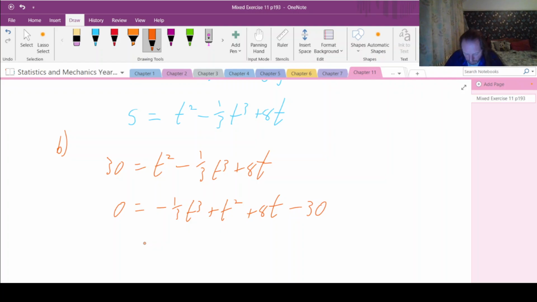So minus 1 over 3, 1, 8, and minus 30 into there, and it tells us that t is equal to minus 5.1.